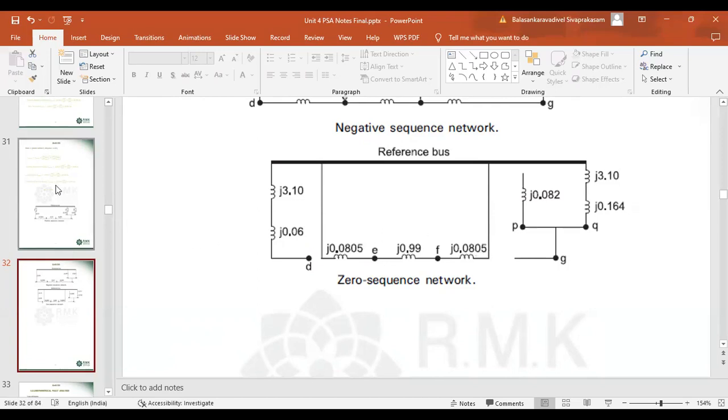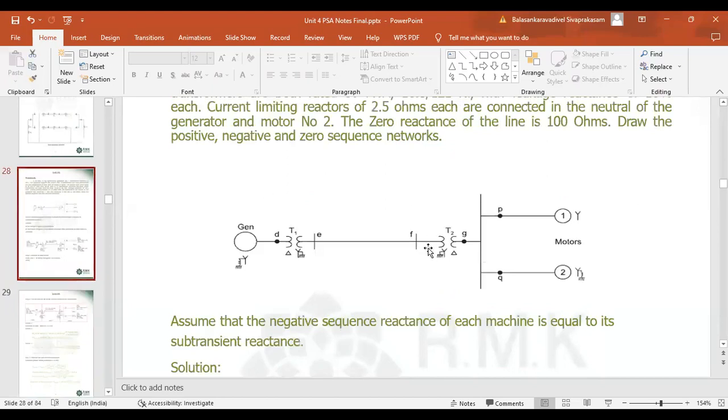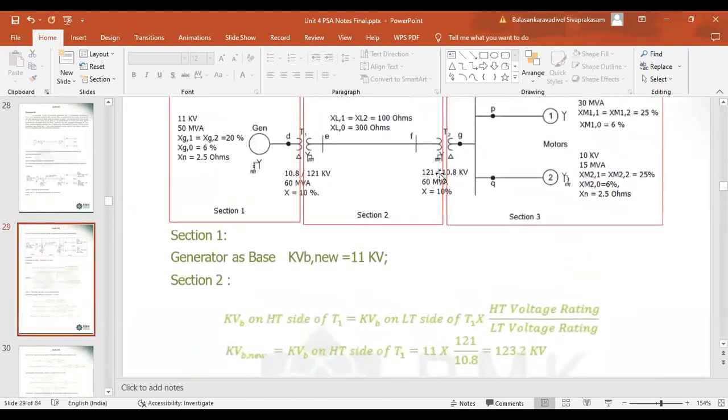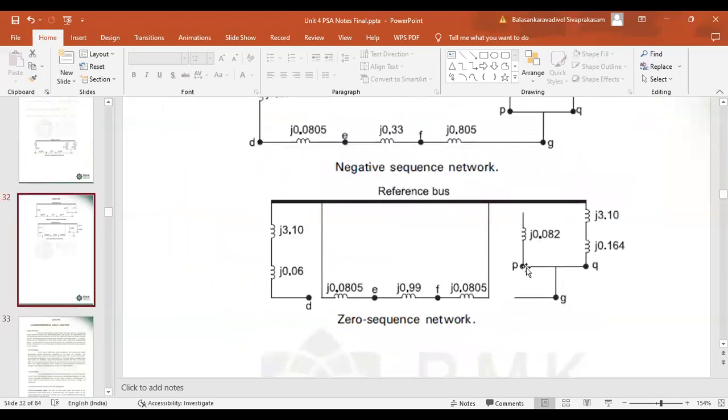Now from transformer T2 secondary, transformer T2 secondary is delta connected, and for the motors, only motor M1 is star connected, and motor M2 is star with neutral grounded. So only for motor 2 there is a path for the current flow, and for transformer T2 and motor 1 there is no provision for the current flow. So we can see how it will be represented.